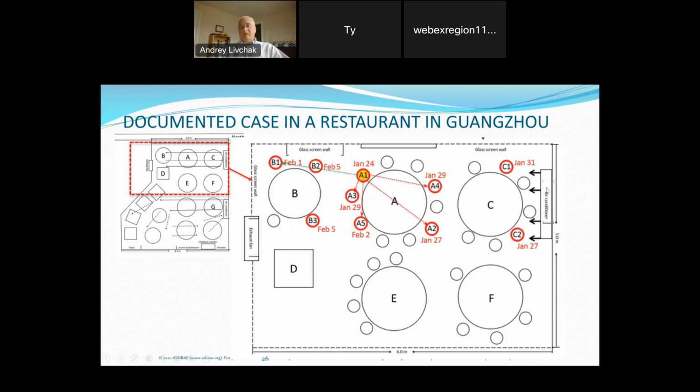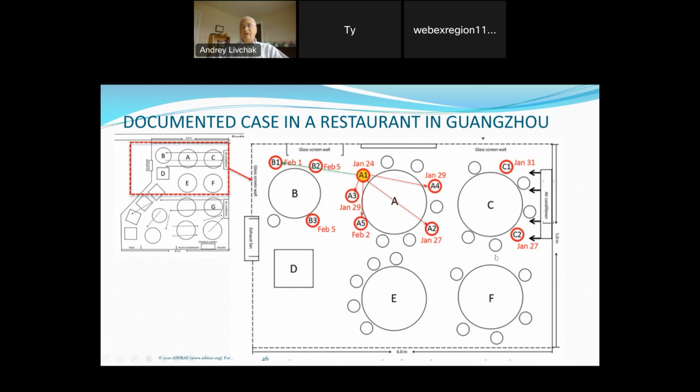So that actually proved the case that the COVID virus is spreading by airborne path, and that ventilation, in this case a mixing system blowing the air from the side of the window, plus there was very little outside air supplied into this restaurant, basically was the source of contamination.